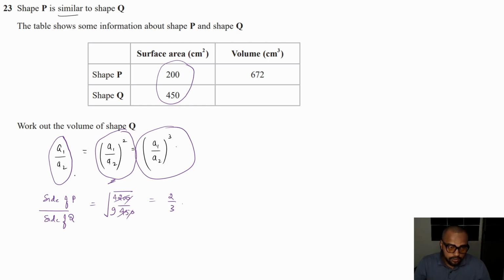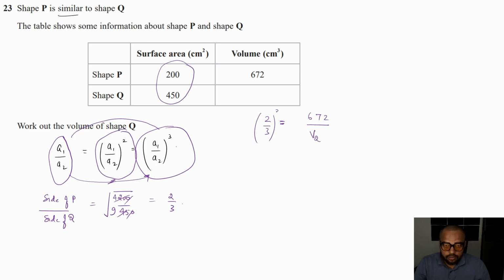I have told you that if we have the ratio of the sides, its cube will be the ratio of the volume. So we'll apply these two relationships here. It will be 2 by 3 cubed, and already it is given here, 672 upon the volume of Q, which is not given.